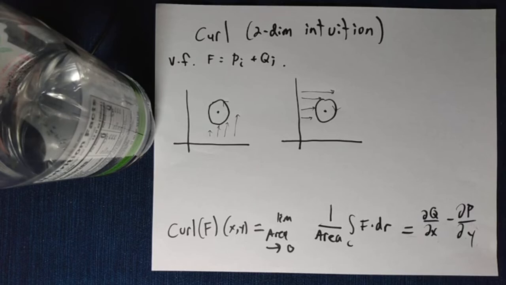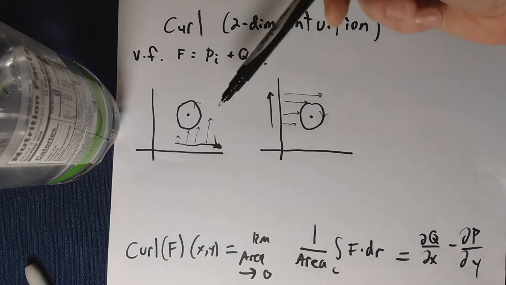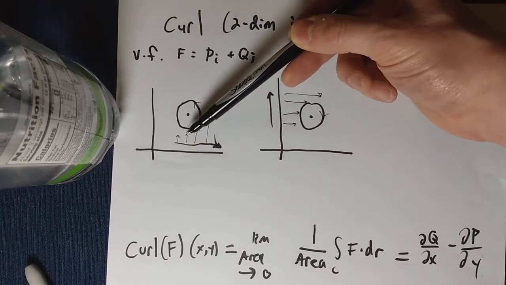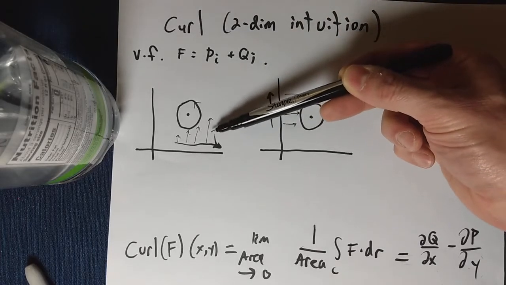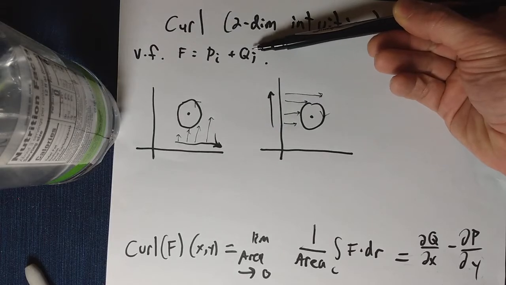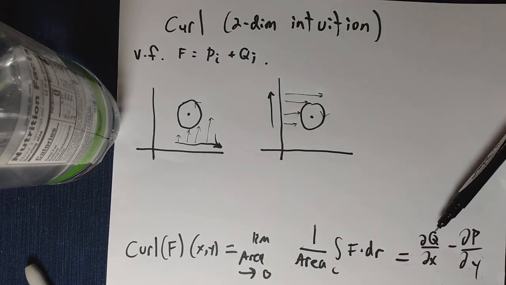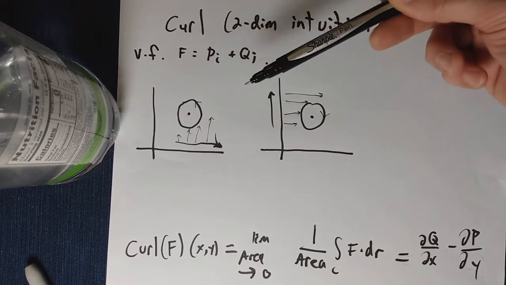But we can get some intuition about why this expression is reasonable for measuring the turning power of the vector field at a point. Take a look at the vector field that's inducing this positive rotation. The vector field is increasing in magnitude in the vertical direction as x increases. Q gives the vertical component, so if the change in Q with respect to x is positive, we would expect a positive rotation.